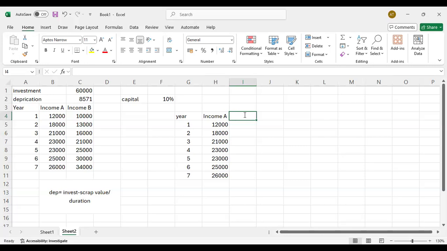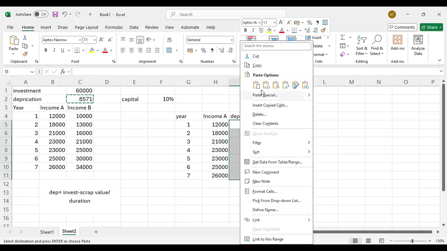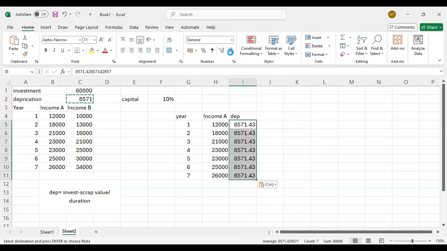So in the first step, I will copy and paste the depreciation values.